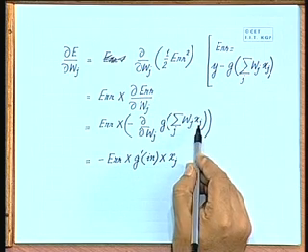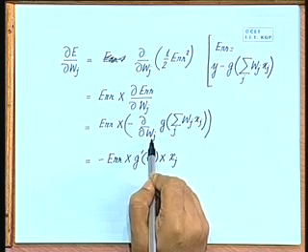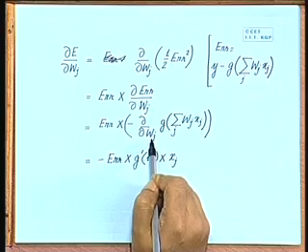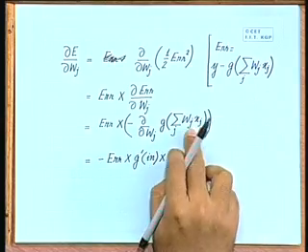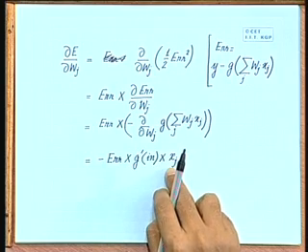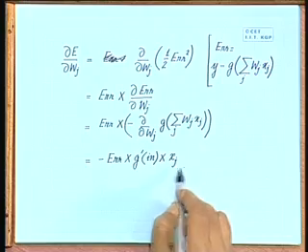Only xj is going to come out, because when we partially differentiate with respect to Wj, the rest will get eliminated. Only the Wj xj term will be significant, and when we differentiate Wj xj with respect to Wj, we get xj. So, this is the term that we have for the change in the error with respect to the change in the weight.